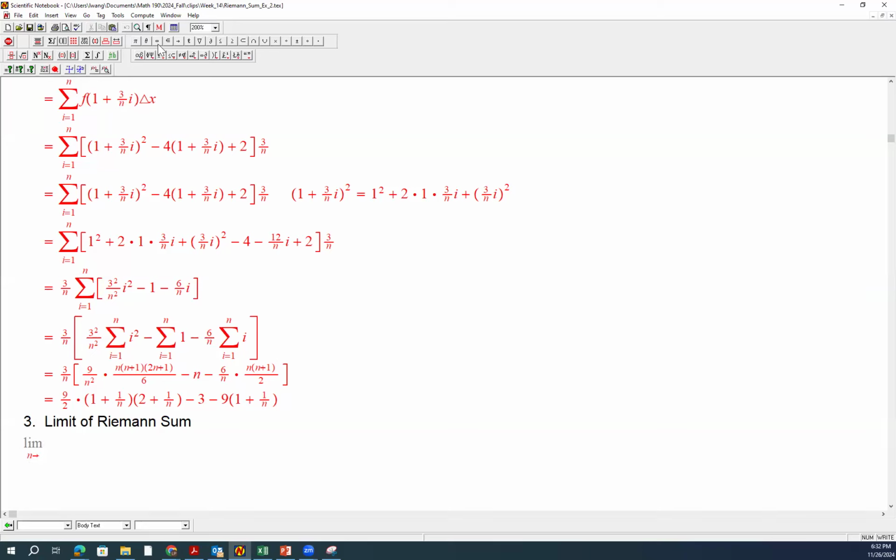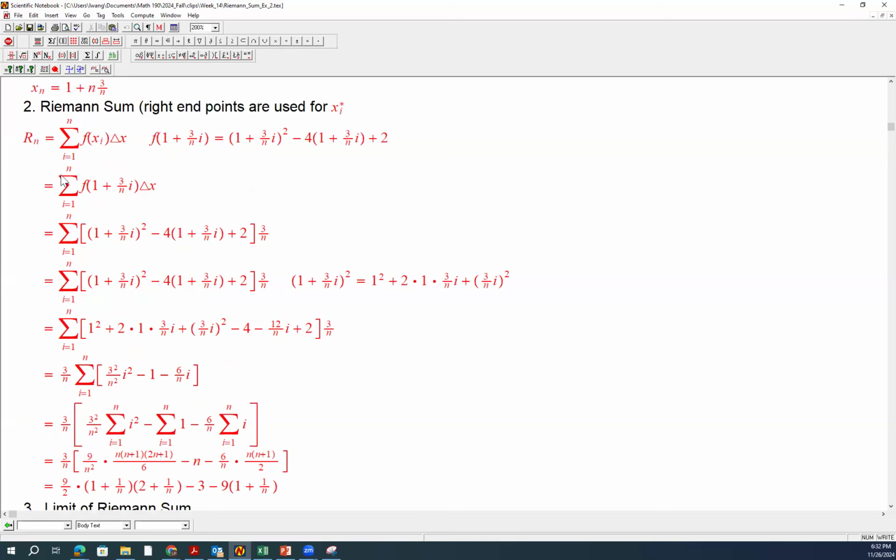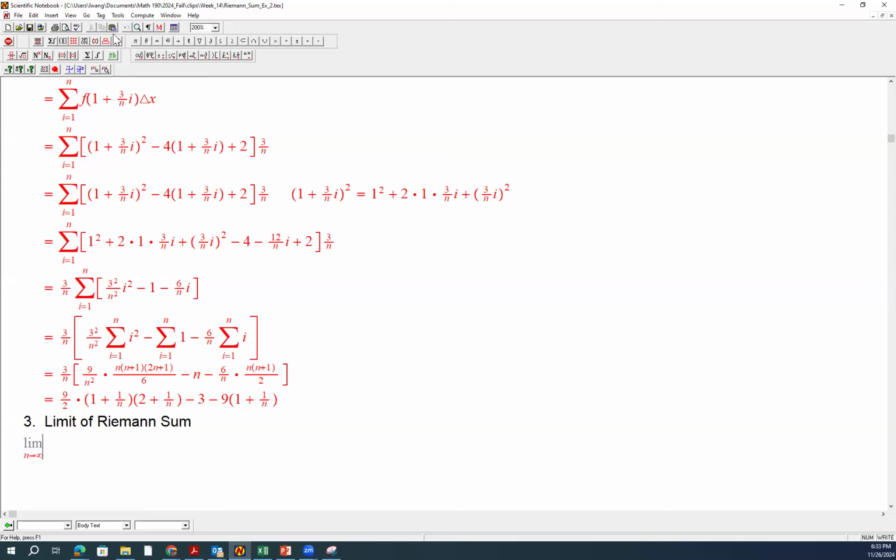The Riemann sum equals the limit, going to be right here. So all that work, now we get to apply the limit laws.